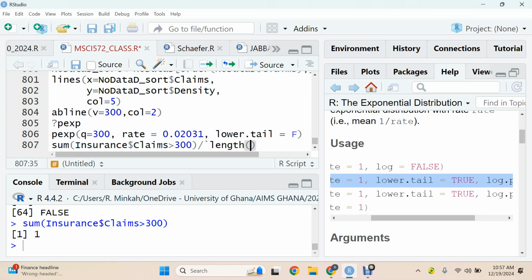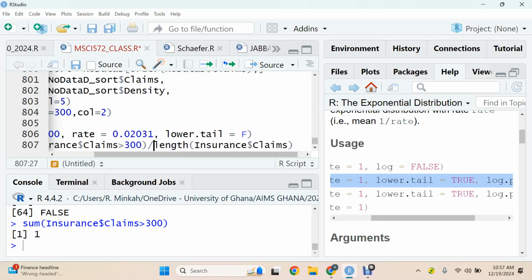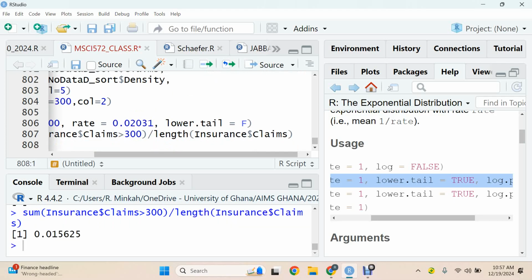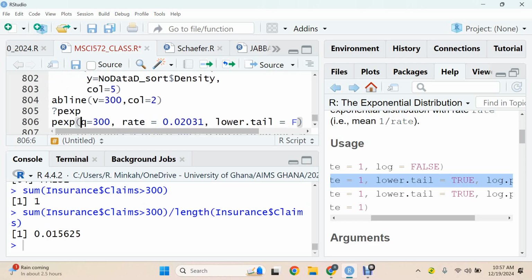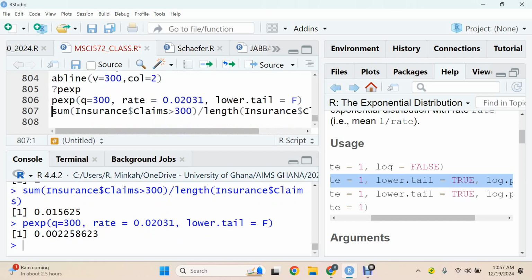So this is going to give me the proportion, 0.01. What is the distribution giving us? What did they give us? I can do it again. So I can also do that for the normal by using P norm. Then my K will be also that, and then I check that.